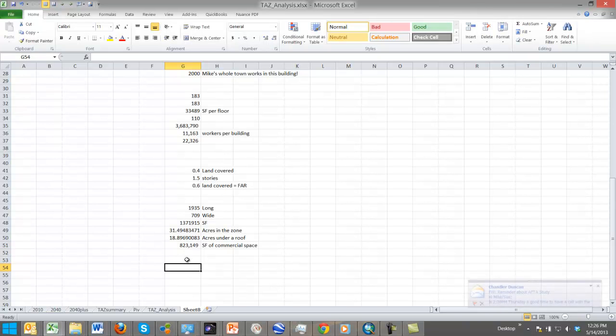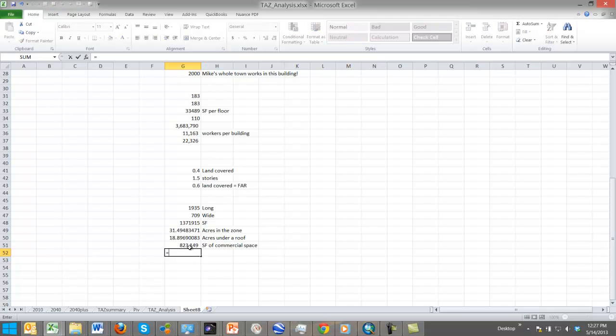So now let's see if we can figure out how many jobs that is. This is a combination of retail and office type jobs in that area. So why don't we go with a number that's kind of like 400. So if we divide by 400, oh, I just put a magic number in there. Let me not do that.